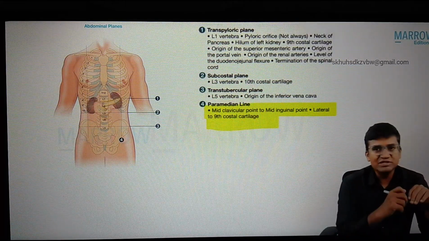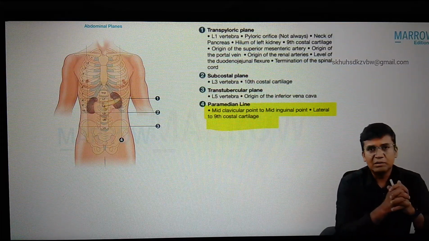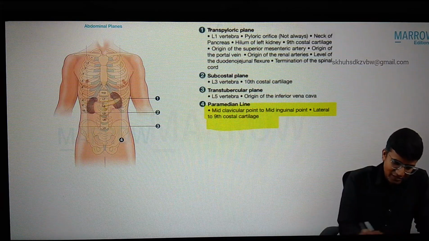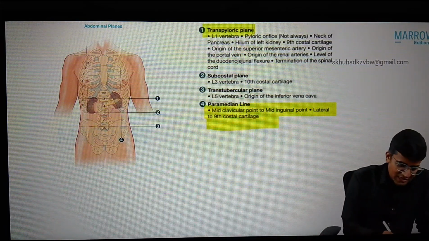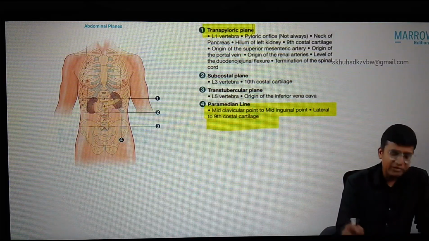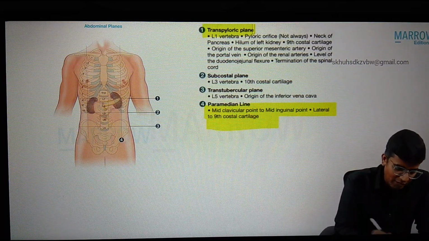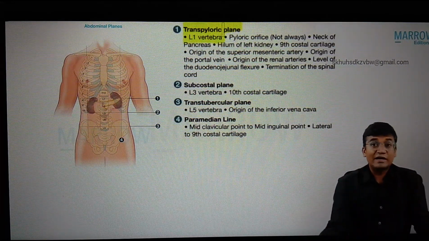Now in the recent FMG exams 2021, 22, 23, we are getting questions about the planes and their vertebral level. First plane, transpyloric plane. The transpyloric plane is a horizontal plane passing through the lower border of L1. So please underline horizontal plane at the lower border of L1.